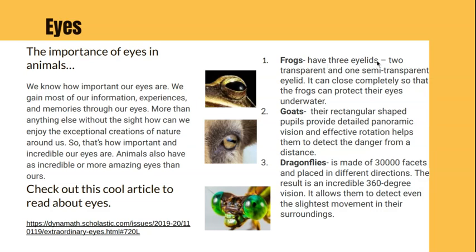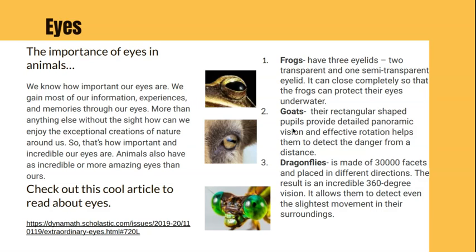Frogs actually have 3 eyelids, okay? We only have, like, 1 eyelid, but frogs actually have 3. One of them can close completely so that frogs can protect their eyes from underwater. So that's pretty cool. That's interesting.